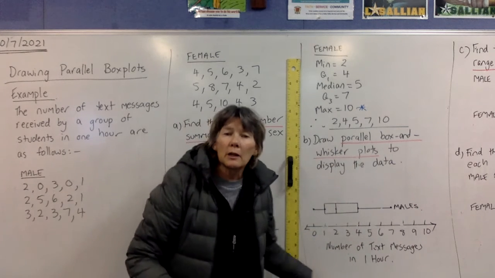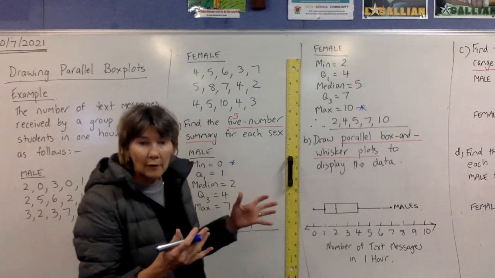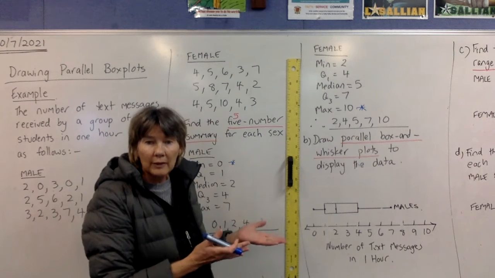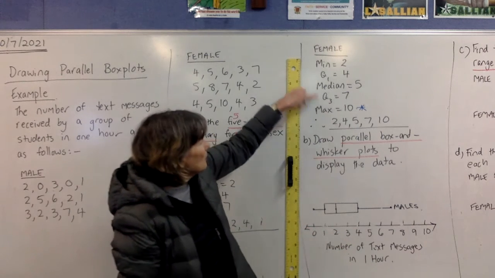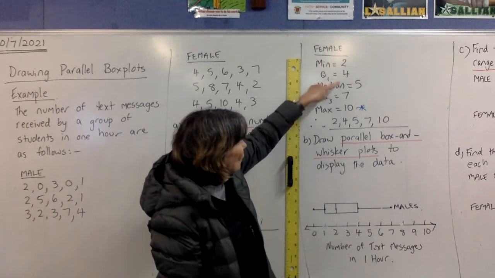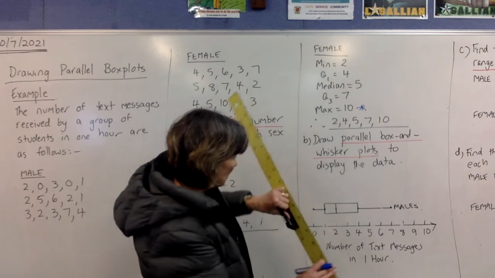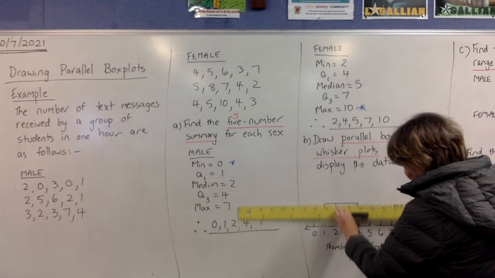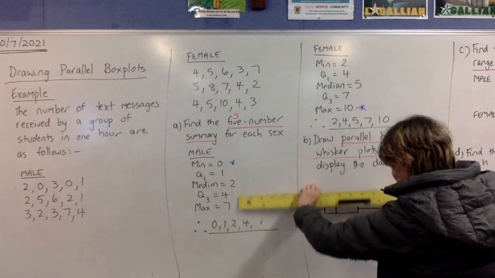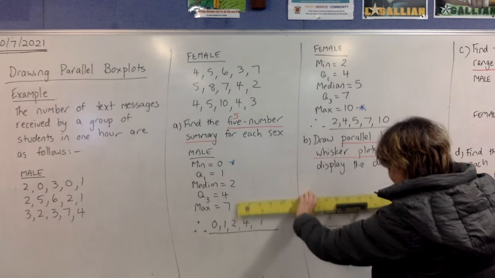Now I'm going to change colour to do the females so that it looks different because it's got to be a different looking thing, but it's on the same scale so I can compare them. Okay, so this time we've got these numbers, 2, 4, 5, 7, 10. So I'm going to come above here. Just make sure I'm trying to line it up properly.